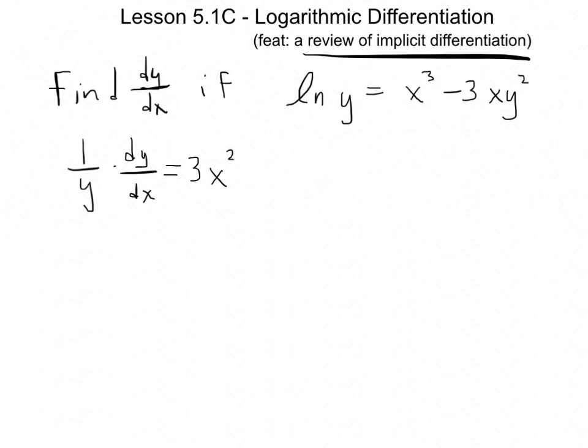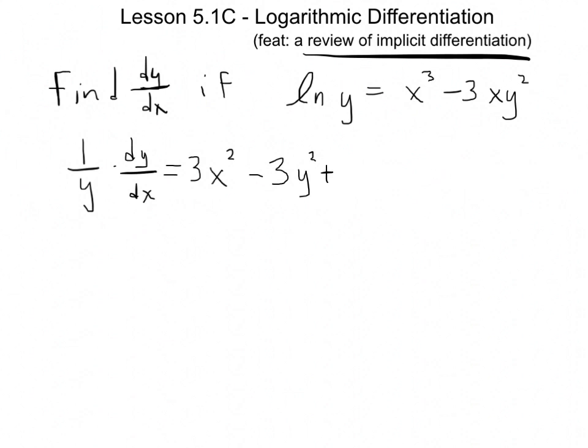So now the next thing, now I need to do the derivative of minus 3xy squared, right? So that's a product rule. There's a minus 3x and there's a y squared. So I'm going to do the derivative of the first one, that's minus 3, and leave the second thing alone, y squared, right?